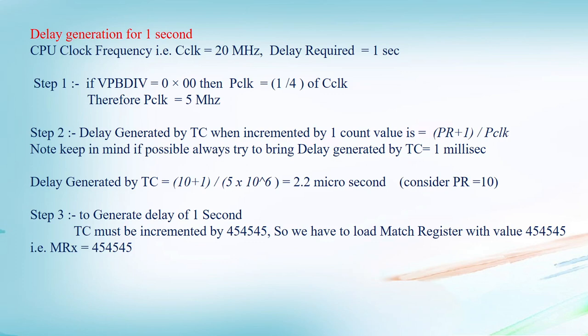So that's why we have got a value of TC equals 2.2 microsecond. Then to generate a delay of 1 second, TC must be incremented by 454545. So we have to load the match register with the value 454545. Let us see the program now.